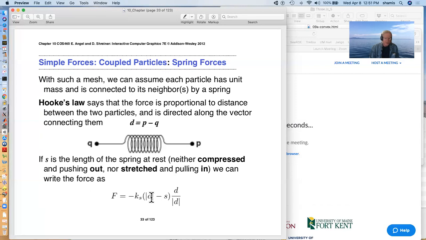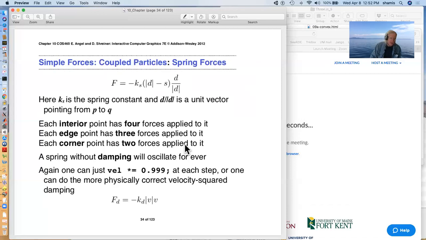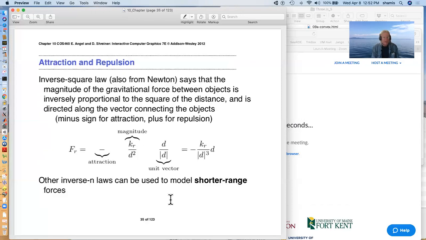And so the difference between d and s is going to be whether the spring is compressed and it's pushing out, or whether the spring is extended and it's pulling in. And so we can have that force applied in equal and opposite ways to particle Q and particle P. A spring without damping will oscillate forever. We can do this little trick, or we can use the more physically correct velocity squared damping.